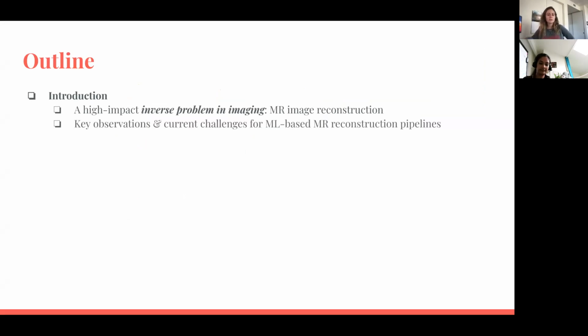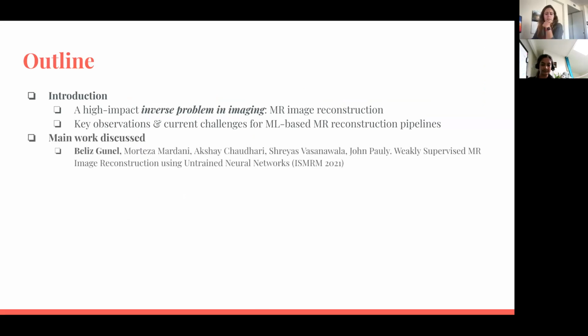And then I'll share some of the key observations my collaborators and I have made and current challenges in this intersection for ML-based MR reconstruction pipelines. And then I'll discuss our work on weakly supervised image reconstruction using untrained neural networks. And then I'll revisit the key observations that we've made and give some pointers to the ongoing work.